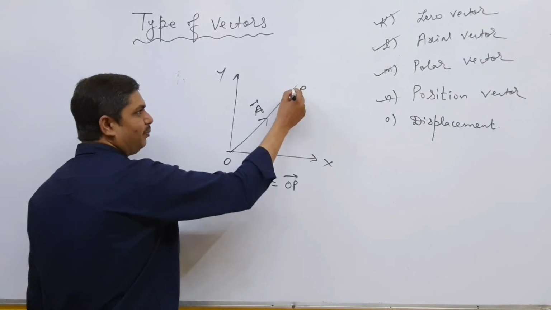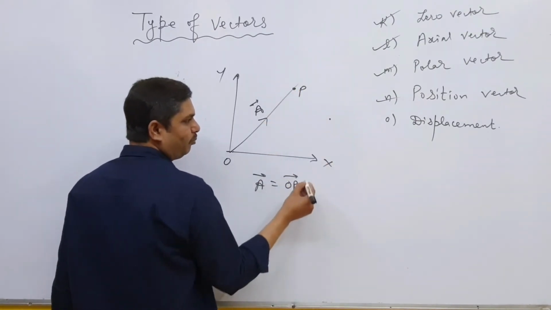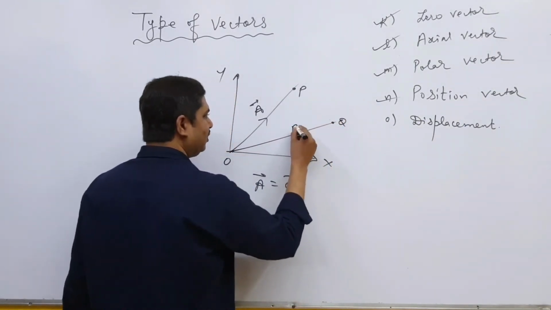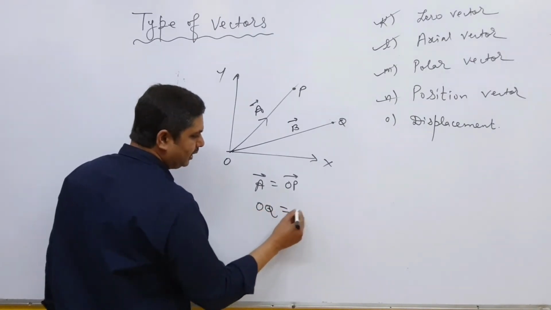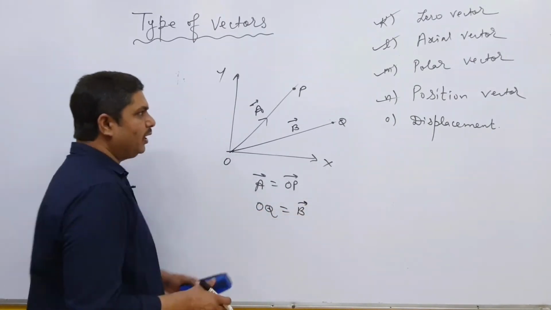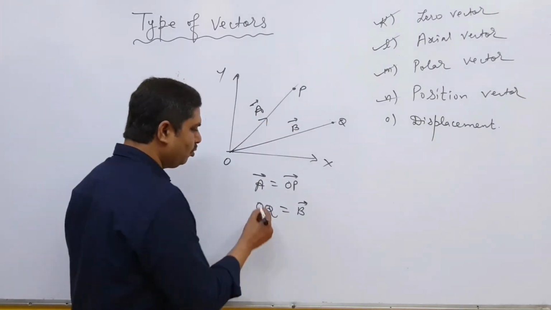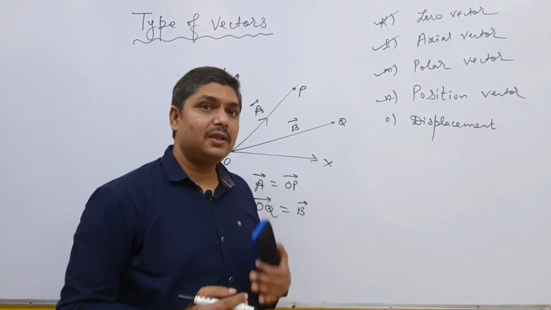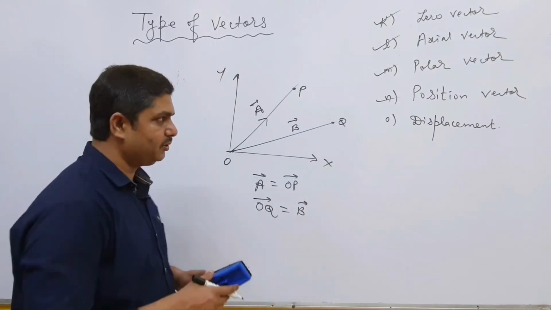So OP vector represents the position of P. Suppose I mark a second point Q, and I join this point. Then this is vector B, so OQ is vector B. So vector A equals OP and vector B equals OQ. When a vector represents the position or the location of a point, it is said to be a position vector.